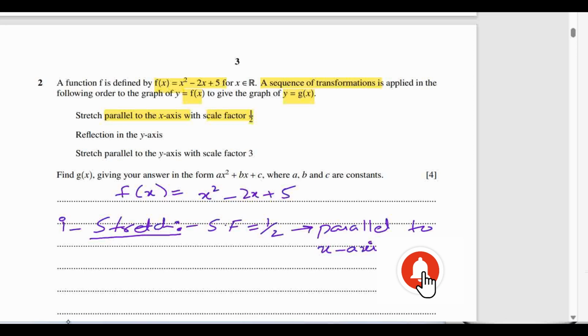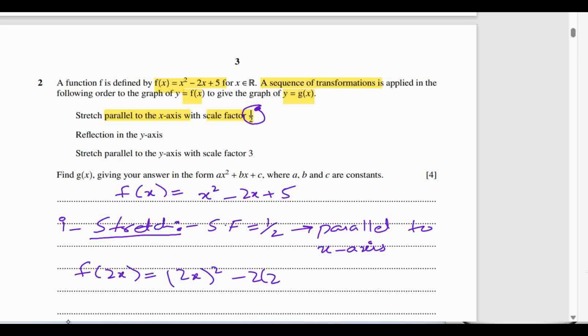Since the scale factor is 1 by 2 and it is parallel to the x-axis, we have to multiply by 2. So we have to find f of 2x. So this will be 2x whole square minus 2 into 2x plus 5.